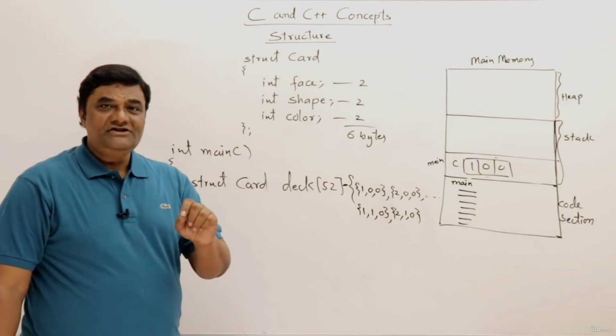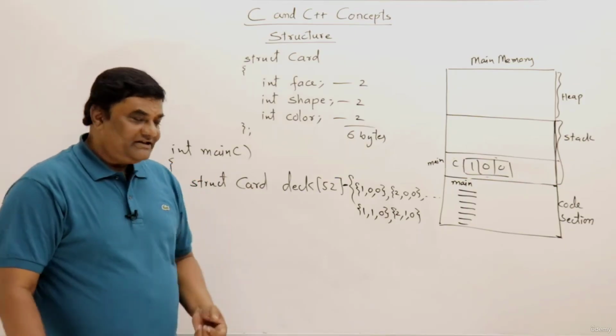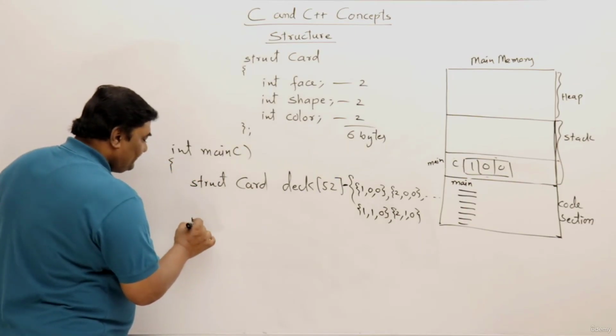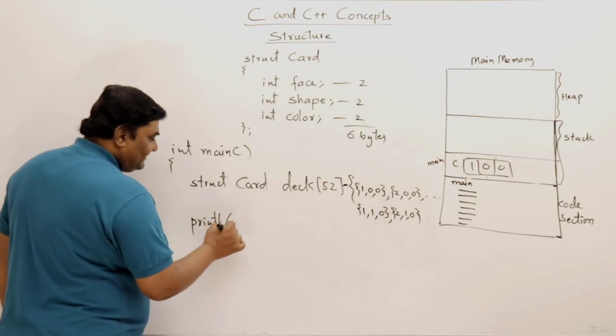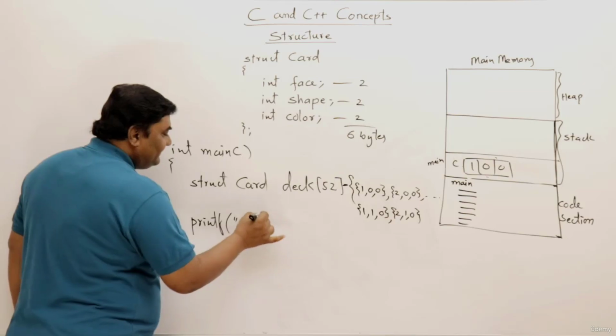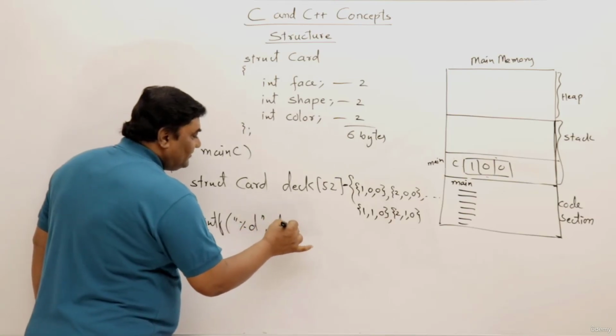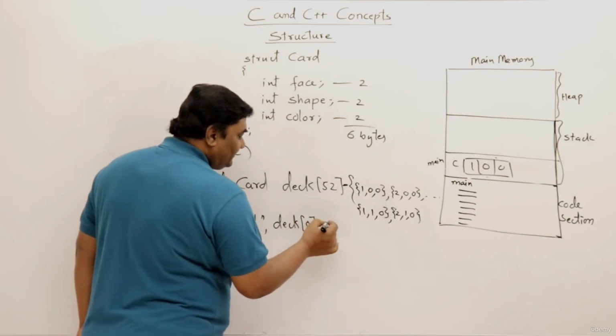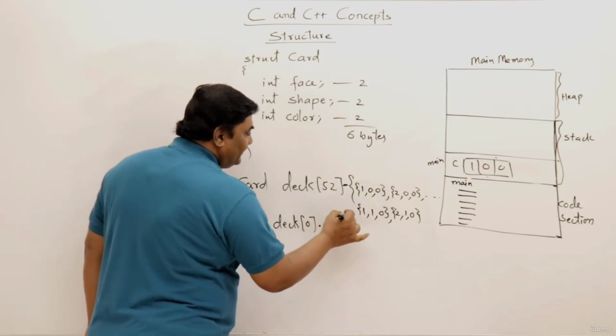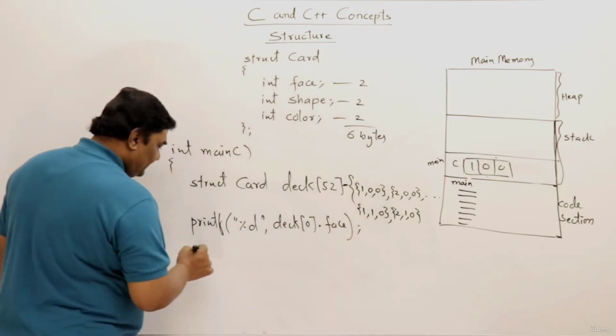If I want to access them individually, like the first card I want to display, then I can use the dot operator. So let us print just the face value of the first card. Printf %d deck of 0, that is this card, dot face. So it will show the face of this first card.